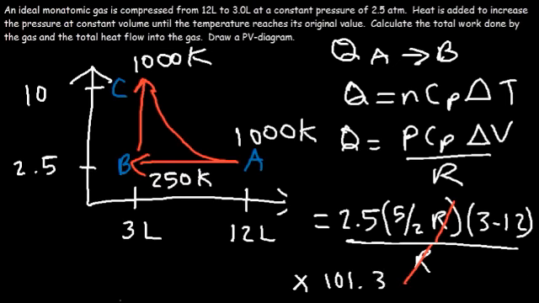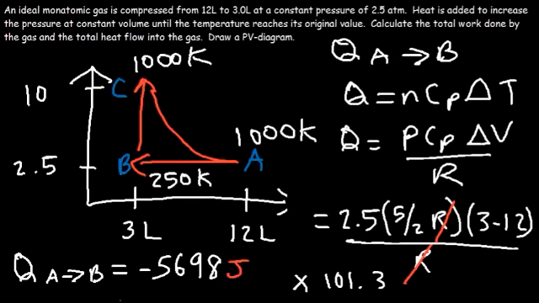So it's 2.5 times 5 divided by 2 times negative 9. You should get negative 56.25, and then multiply that by 101.3. So Q from A to B is equal to negative 5,698 joules.